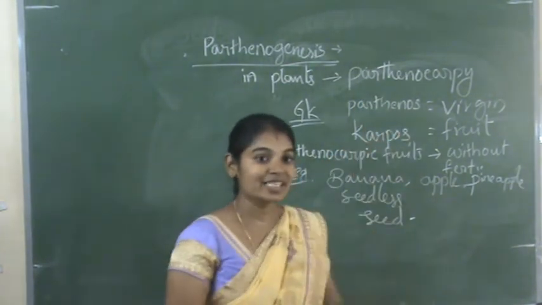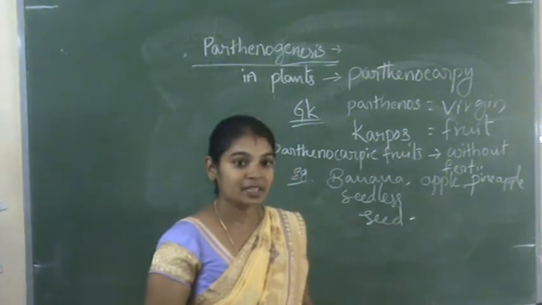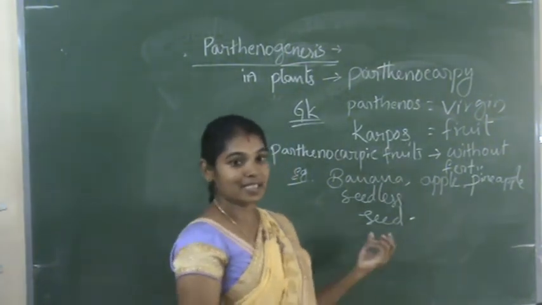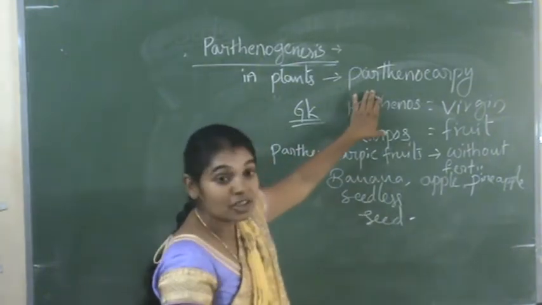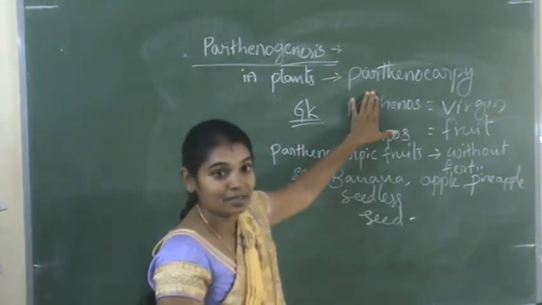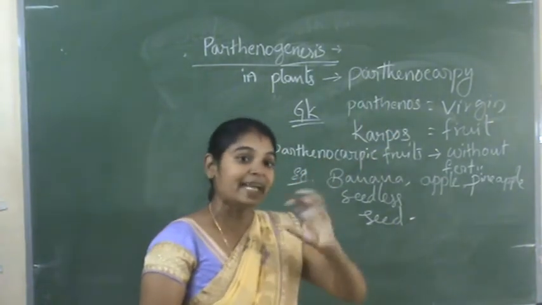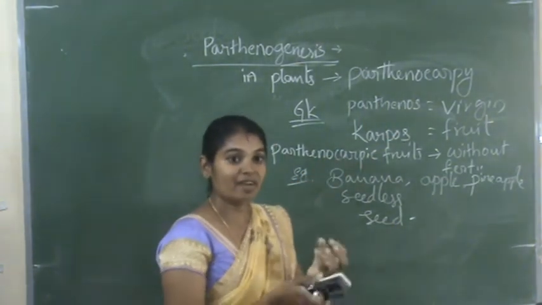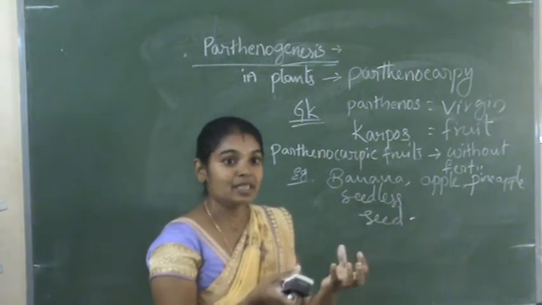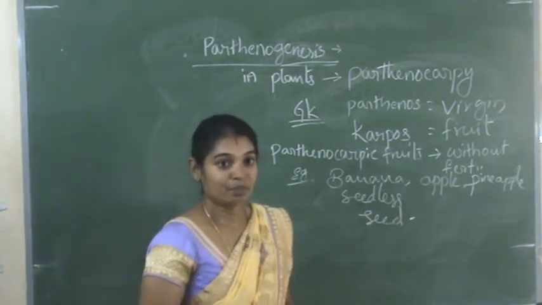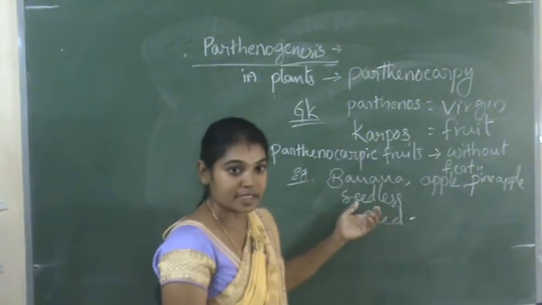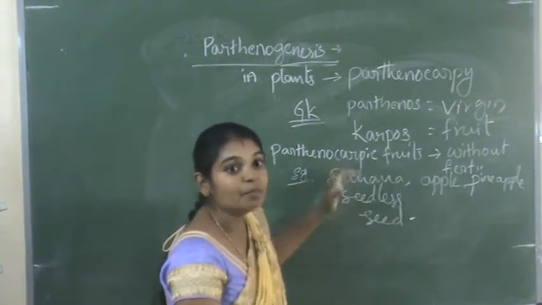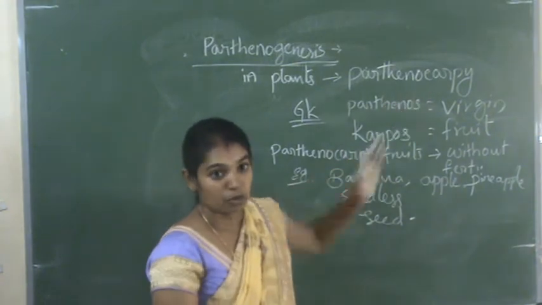Without the seed, what do we have to eat? If we produce parthenocarpic pomegranate, it will be just like a tennis ball. When we cut and open it, it will be empty, without seeds. So then what should we eat?